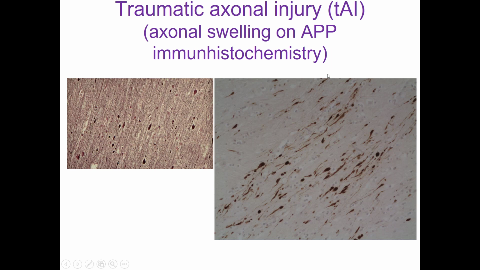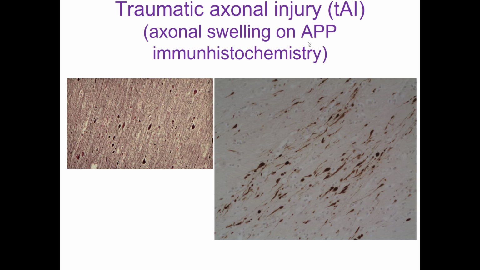The reason why it is also suitable for detecting traumatic axonal injury is that APP, which is produced in the cell body, is transported downwards towards the synapse through the axon. So axonal transport is a typical mechanism of movement of APP from the cell body to the synapses.